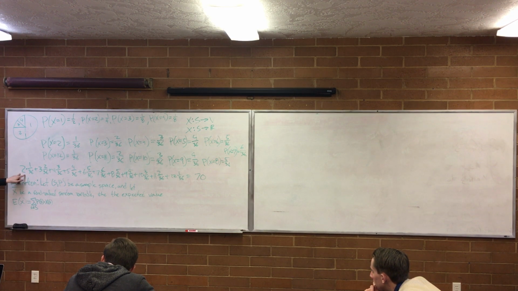I wrote those backwards from how we did it up here. But X of (1,1) was 2, and the probability of (1,1) was 1 over 36.